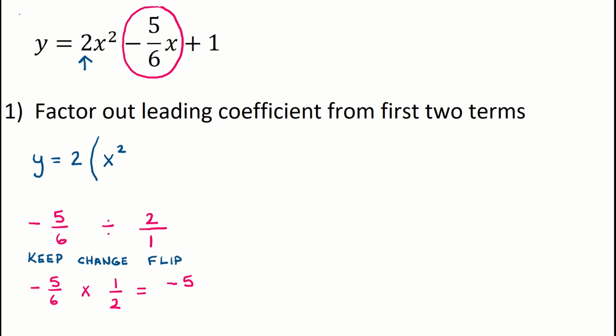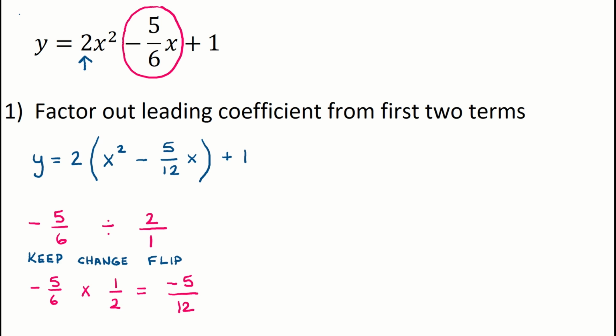And 6 times 2 gives you 12 on the bottom. So when we go to factor out the 2 from the negative 5 over 6x, what we're left with is negative 5 over 12x. And then we can close our bracket and have the 2 outside of the brackets. So that's our very first step.